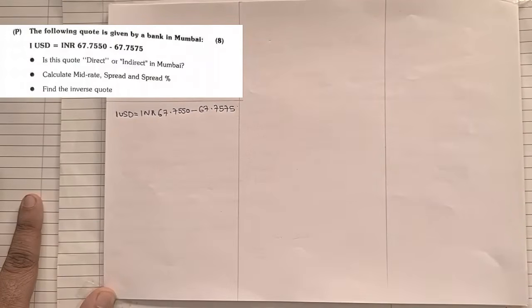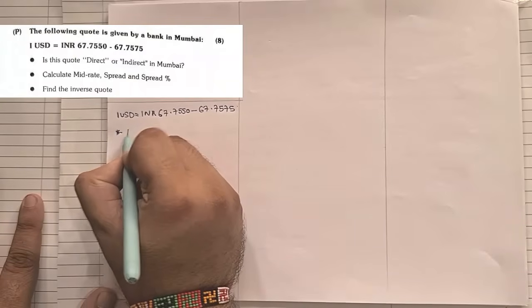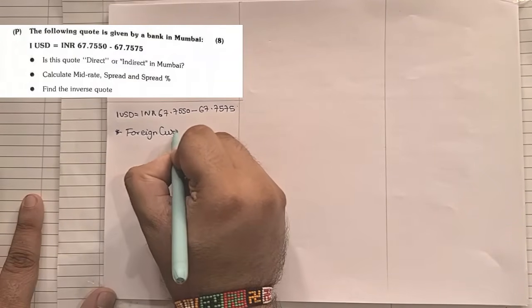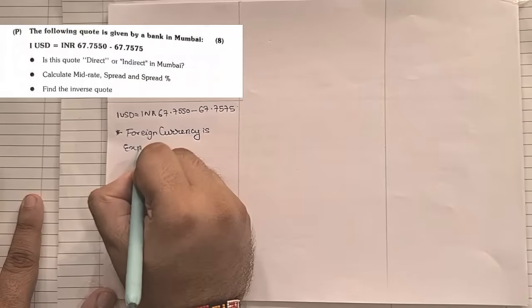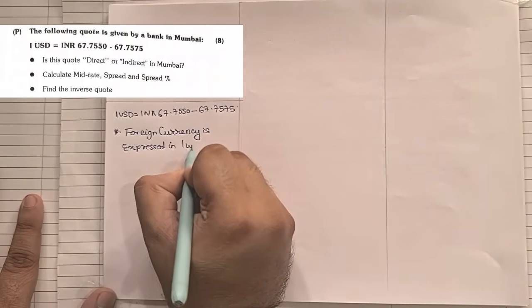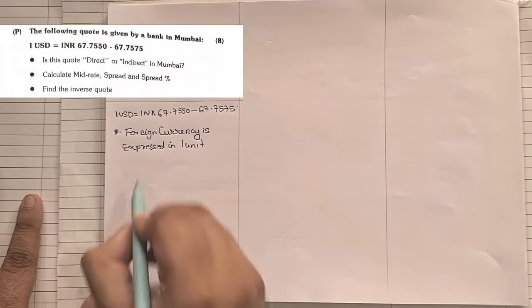67.7550-67.7575. Now the rule is very simple. First we note down the rule: foreign currency is expressed in 1 unit. So here 1 unit is USD, so USD is the foreign currency.